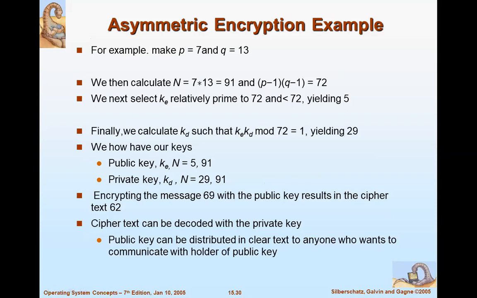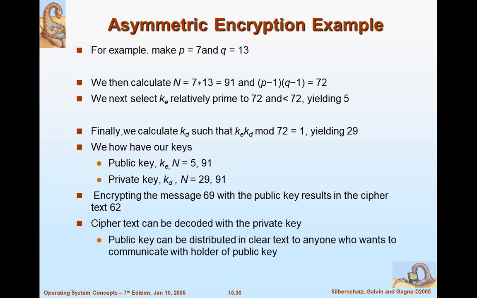Finally, we calculate that KD such that KE times KD modulus 72 is equal to 1, and it's yielding 29. So we have our public key equal to KE, key for encryption, which is 5, and then we have the number N, 91, which comes from here on the second line, 7 multiplied by 13.